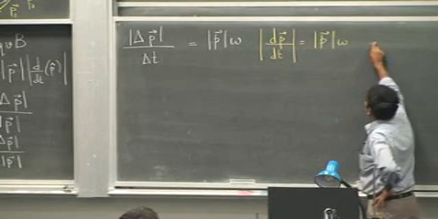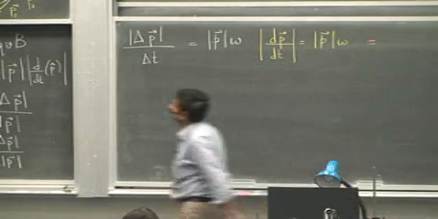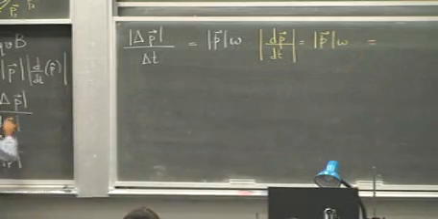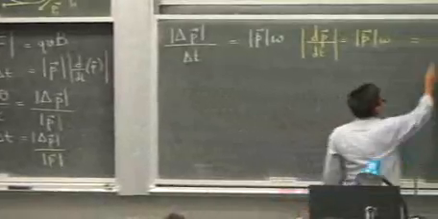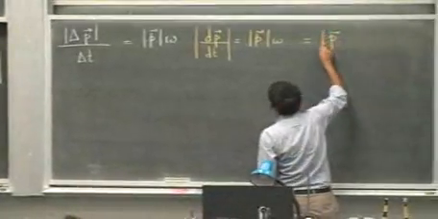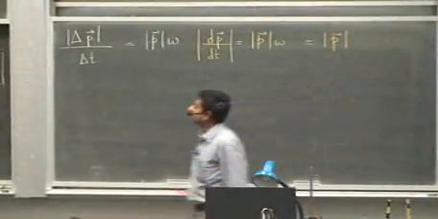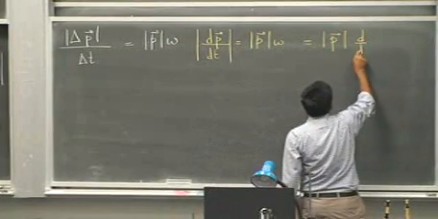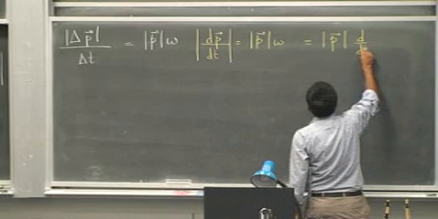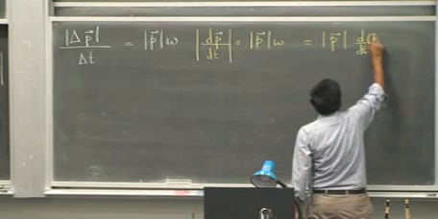And this must equal the magnitude of the p vector, and for omega this is d by dt of the unit vector.